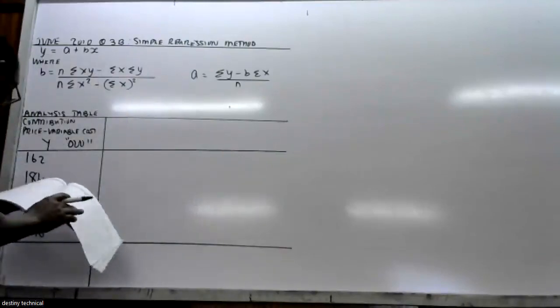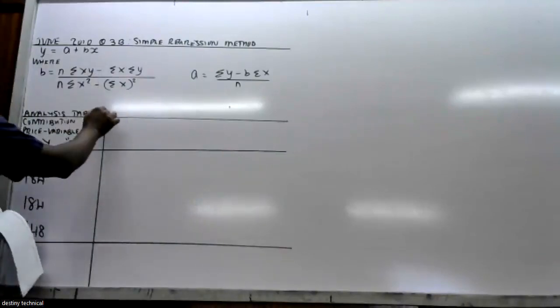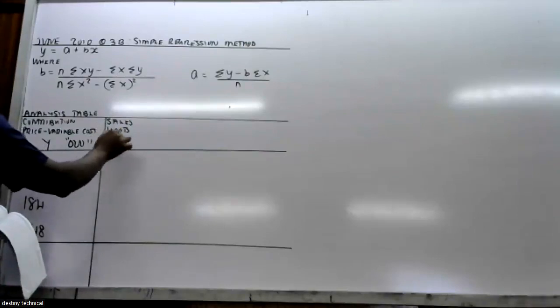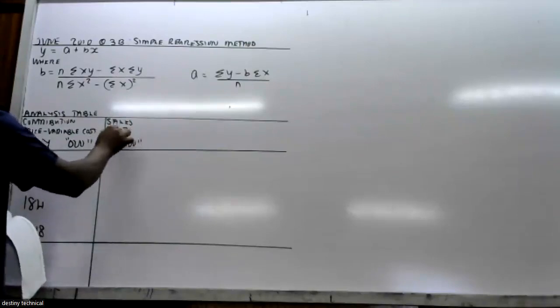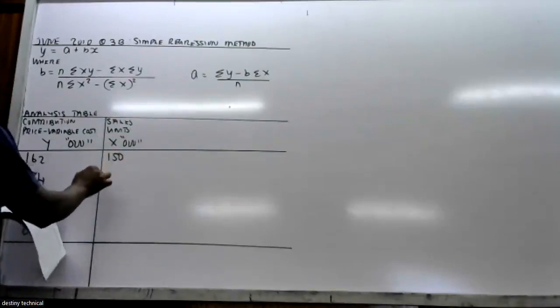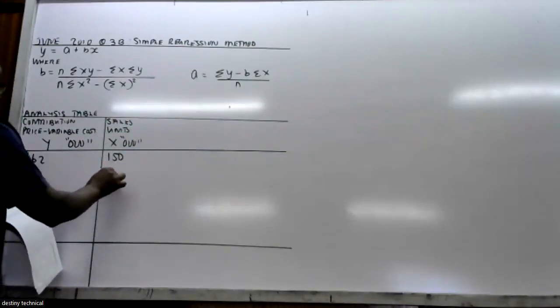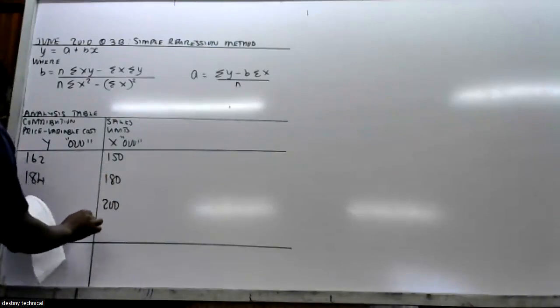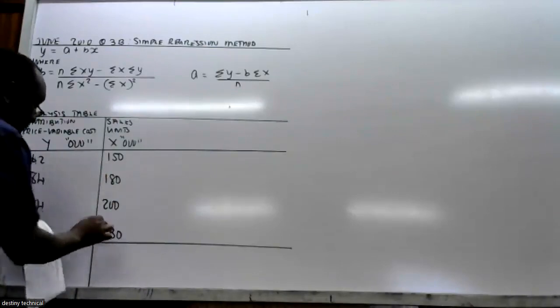Then we get the sales units, and this will be our X, and again we are using it in thousands. So this is 150, this is 180, this is 200, and this is 230.